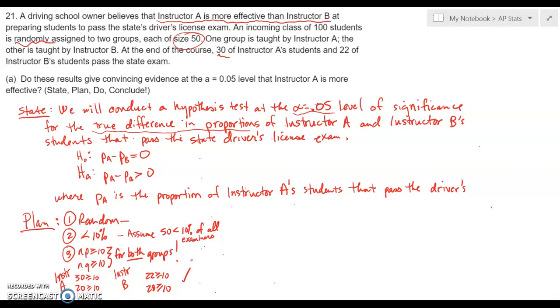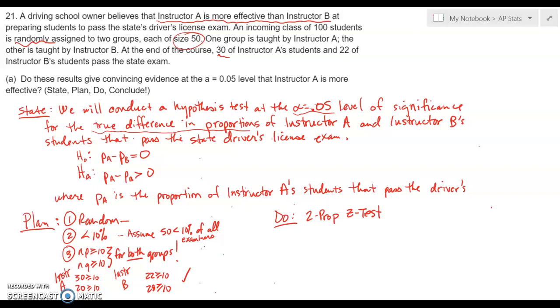We can assume that the sampling distribution is normal or approximately normal. All right, so now we're going to go on to the do step. Here's where we specify the test. This is a two proportion z-test.